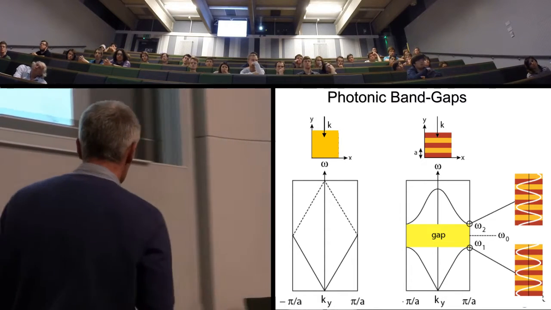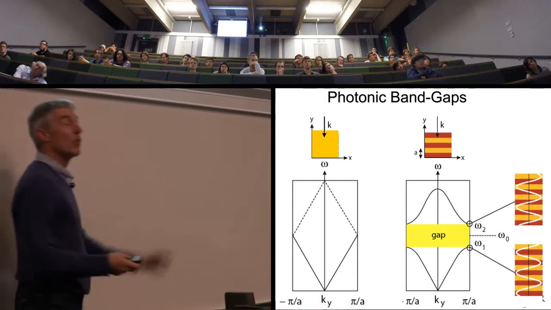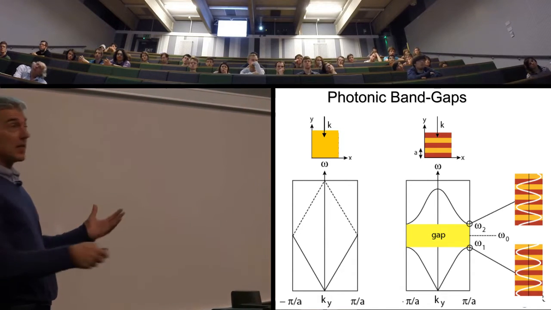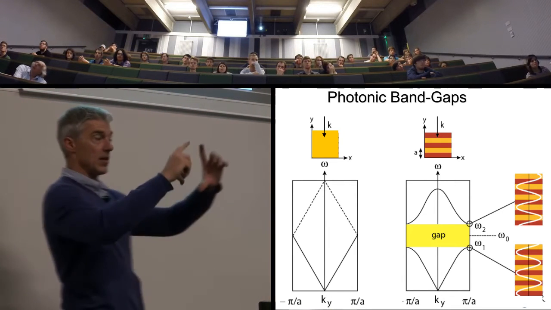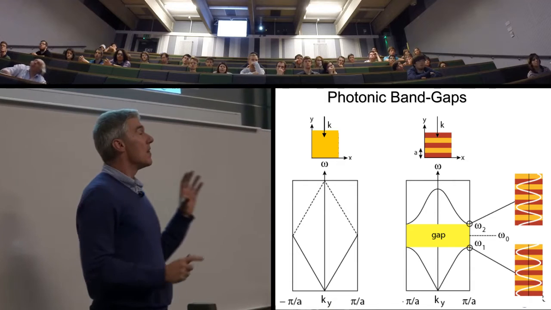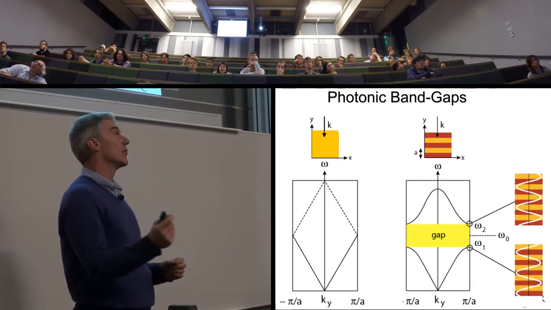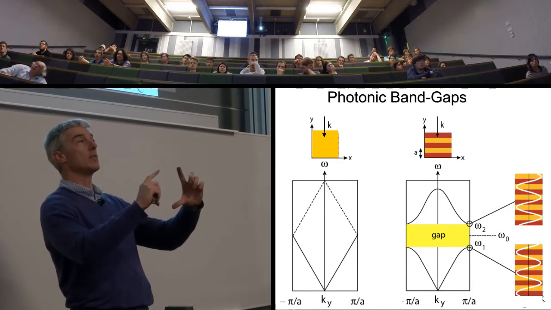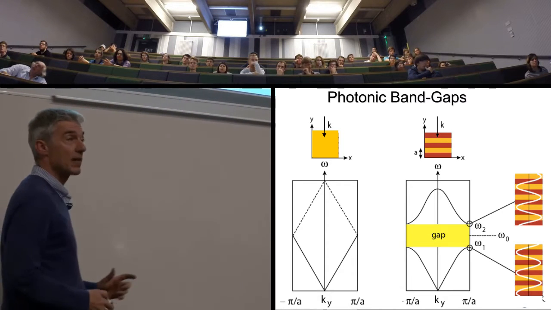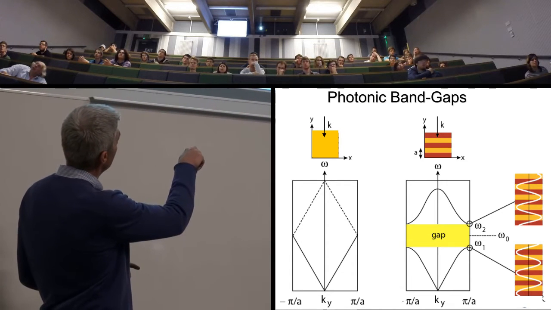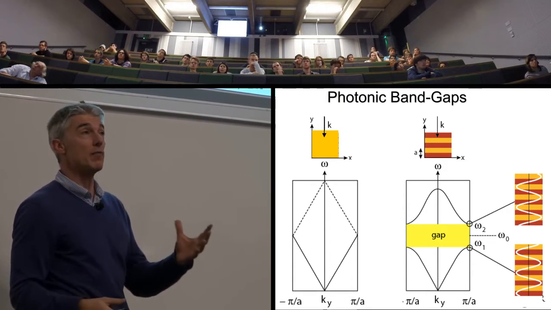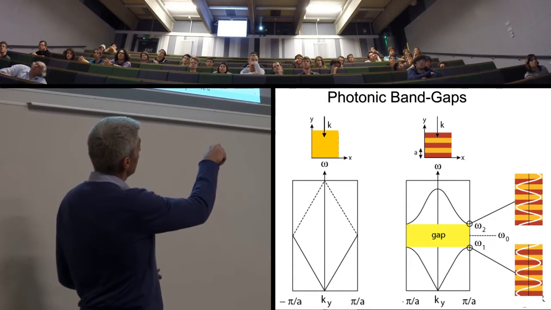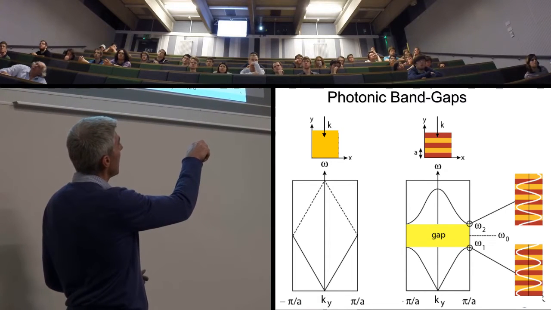And those bands will affect the way the electron propagates through this crystal system, be it a metal, be it a dielectric. What we find is that when we do the analogous thing and we place a spatial ordering on this physical system, that affects the way photons propagate through this system. And this is the way that it affects it. Rather than every single frequency being related to a given wave vector, we have some frequencies that just don't have wave vectors.